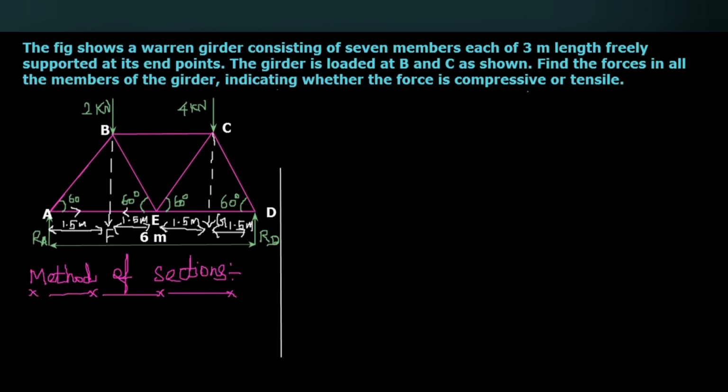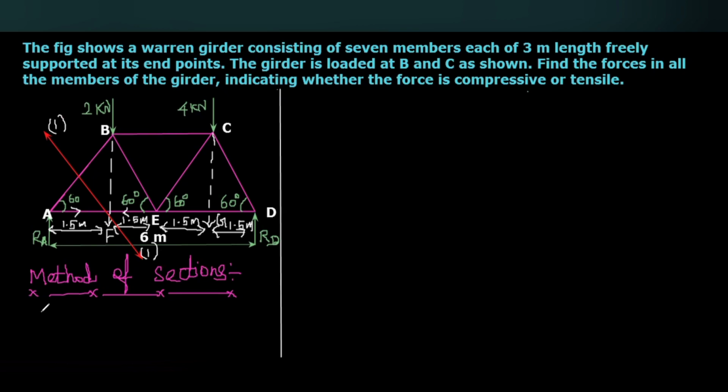We have to draw the section lines. Like here, first the section line I'm going to draw like this. That means here the section line 1-1 cuts the members AB and AE like this.